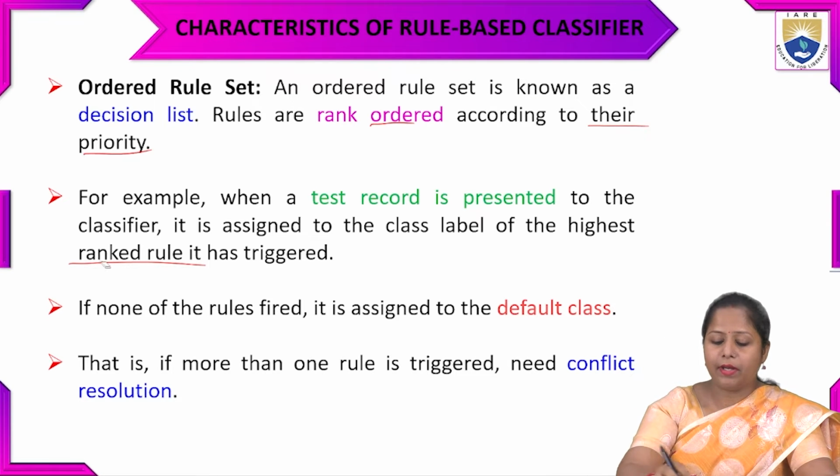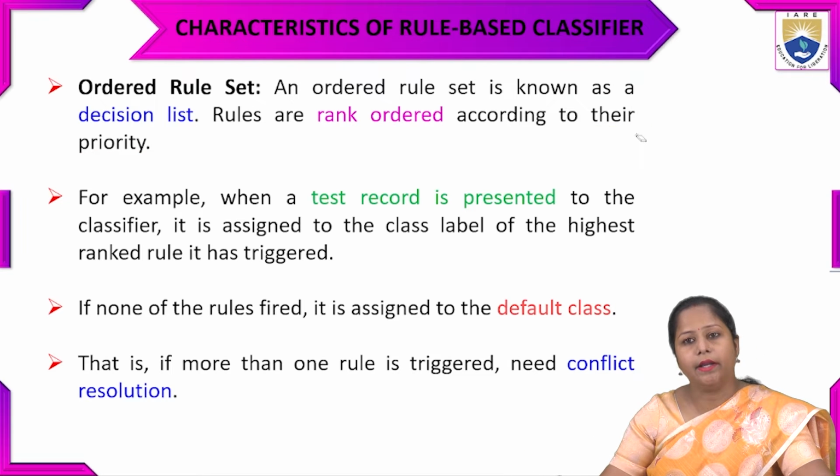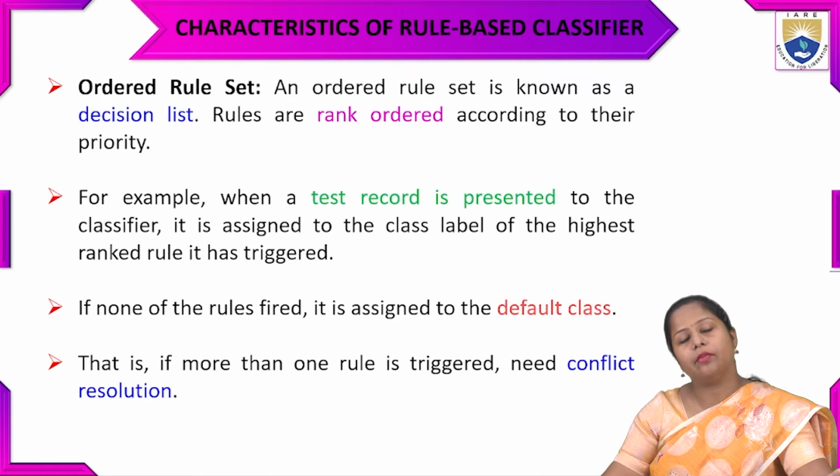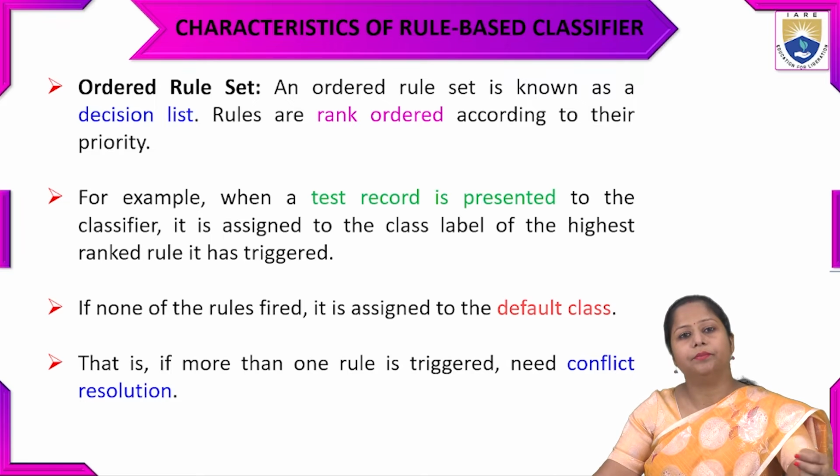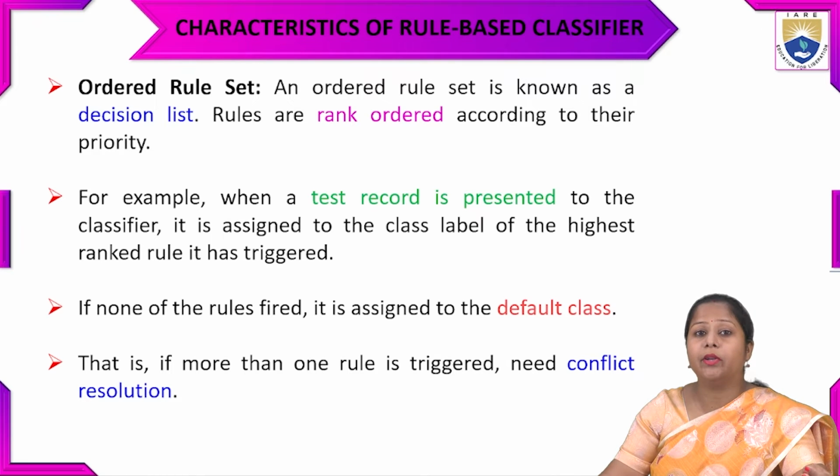If none of the rules are fired, the record is assigned to a default class. So when the rules are not exhaustive, we use the default class.